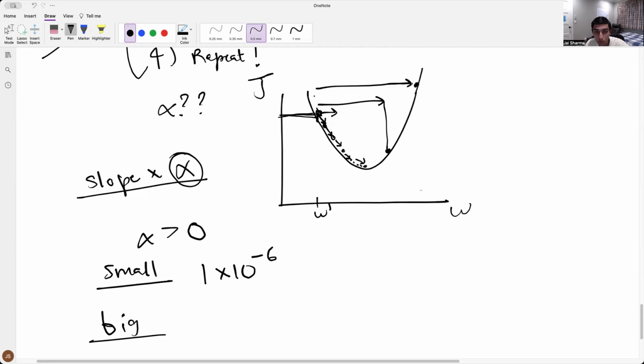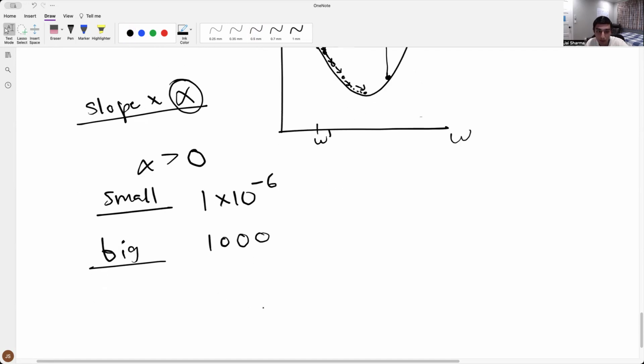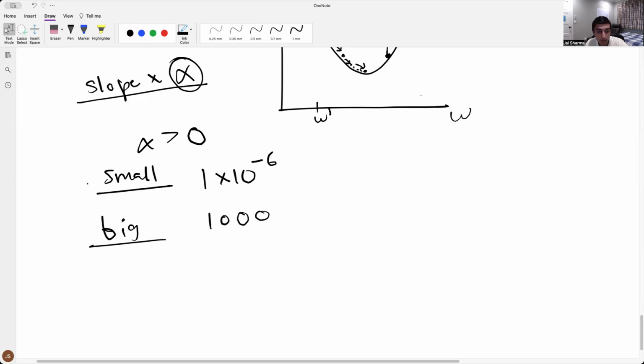So what we can do instead of choosing a value of alpha that's too big, let's say it's 1,000, right? It's way too big. Instead of doing something that's too small or too big, choose something that's just right. And that might be 0.1 or it might be 0.01, or it might be different things for different situations.